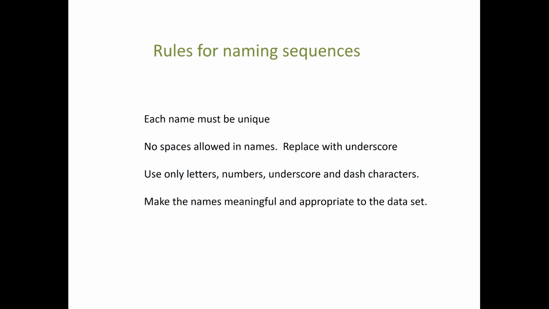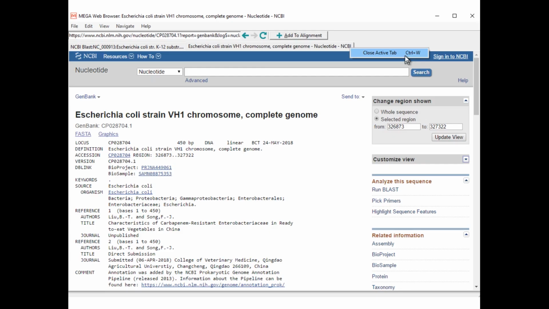And the final thing is, make the name something that is meaningful. Don't give your sequences names like John and Mary, and don't even give them names that are just something your lab uses, a slang term. Give them names that are appropriate to the data set and that will be meaningful to you and other people.